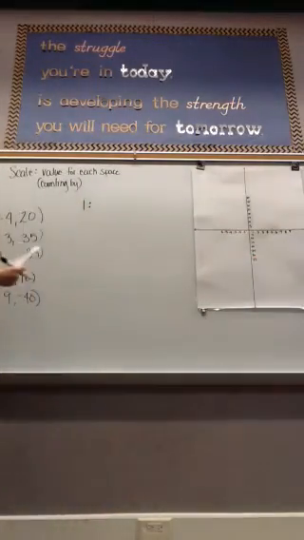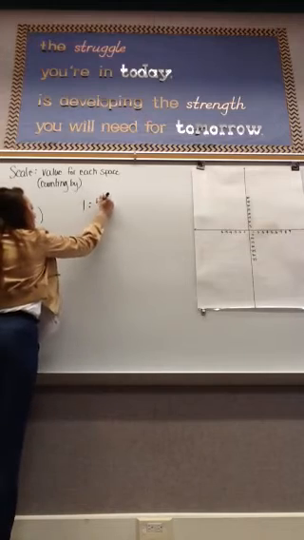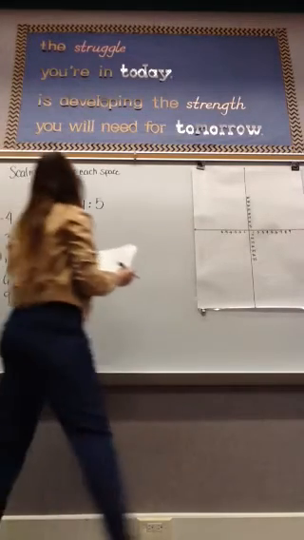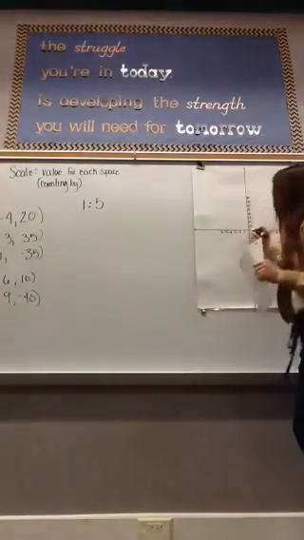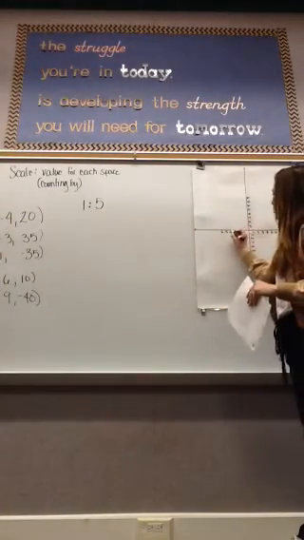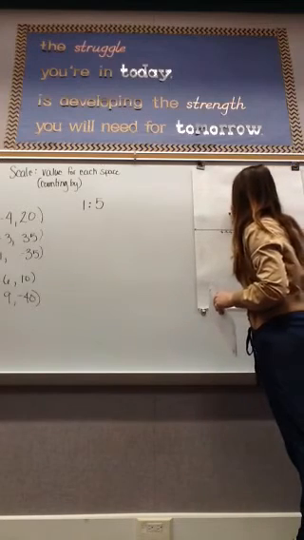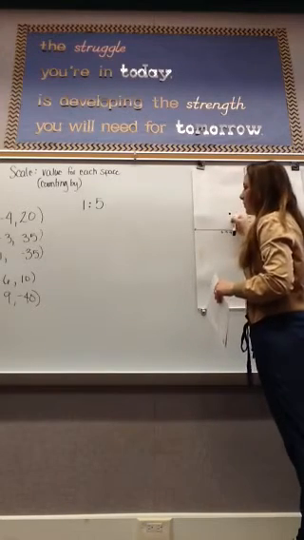So now we can plot these points. Our first point is negative 4, 20. Starting at the origin, I'll move over to negative 4 on the x-axis, then up to 20. That would be our first point.